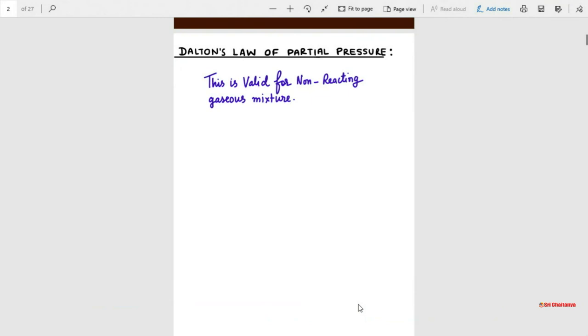These gases may be ideal gas or these gases may be real gas, right? So Dalton's law is valid both for ideal gas as well as real gas. How do we say that it is valid for real gas? In a liquid solution, when both the components A and B are volatile, they are present in liquid as well as vapor state.